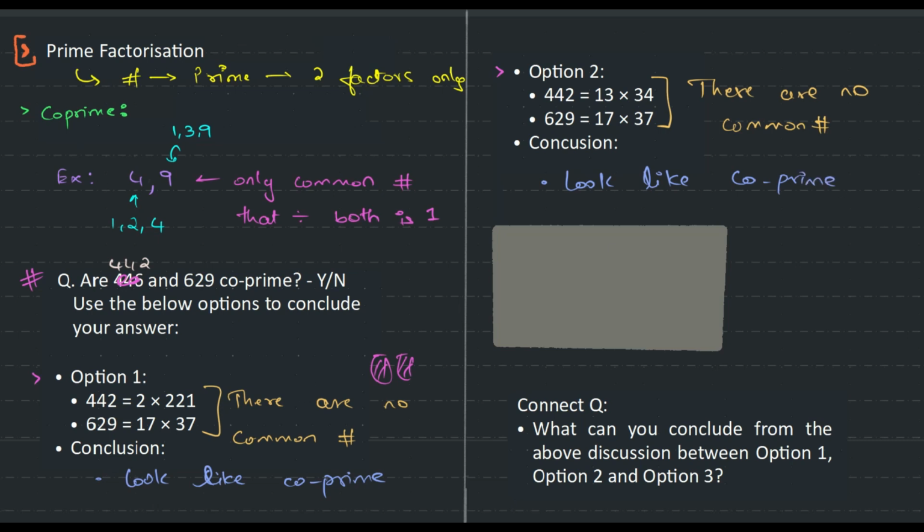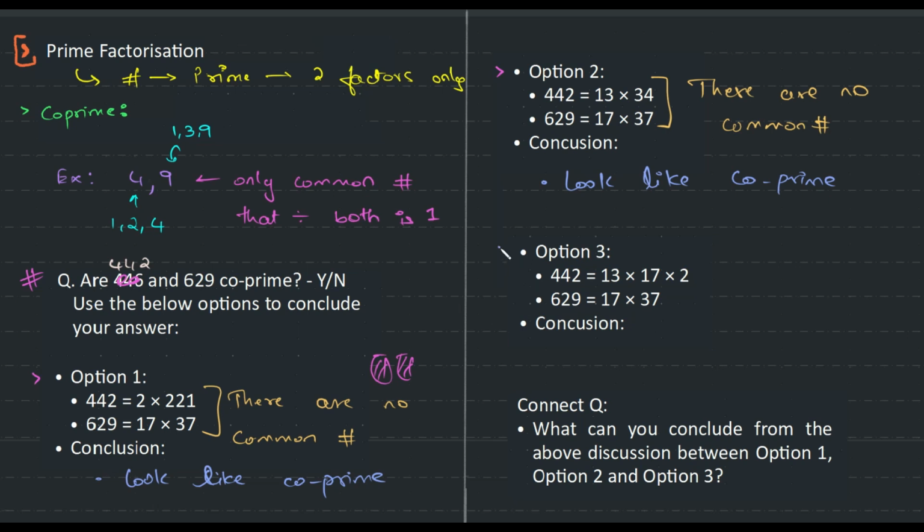What if I showed you this? What about now? There is 17 as the common number, right? 17 is common. So with this, what can you tell? Sorry, not yes. No, they are not co-prime.